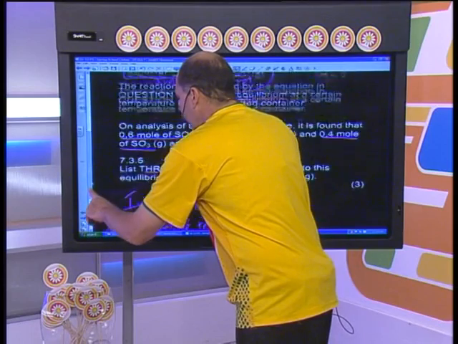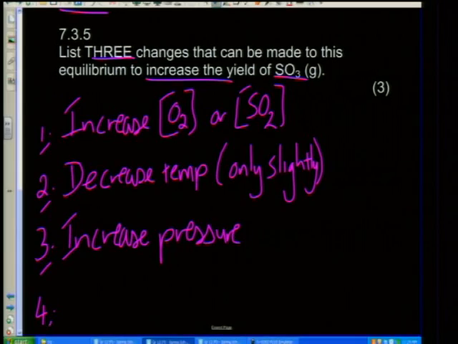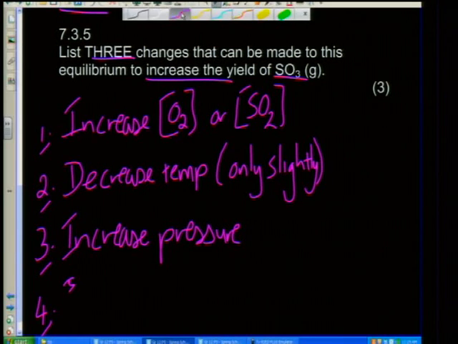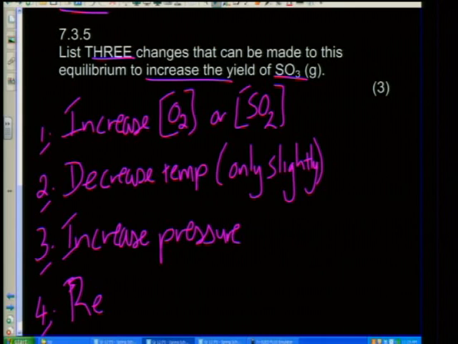So that's exactly what we would say. We wouldn't say add a catalyst. Catalyst is going to help efficiencies within the production team. But in this sense, what we would do is we would remove, let's just get the pen writing, instead of rubbing out, we would remove SO3 continually.